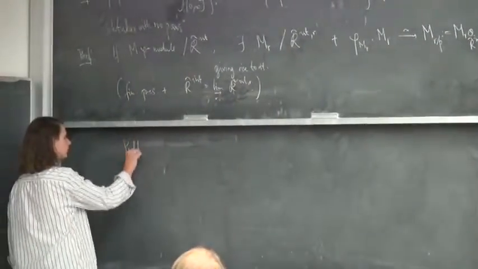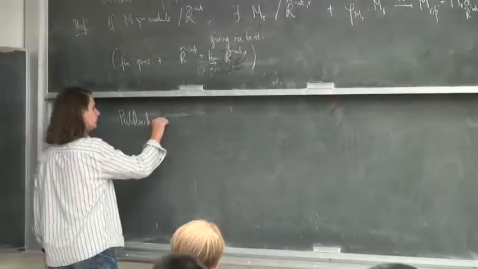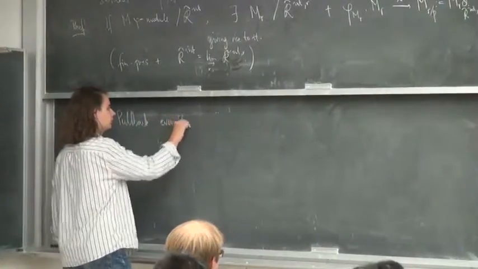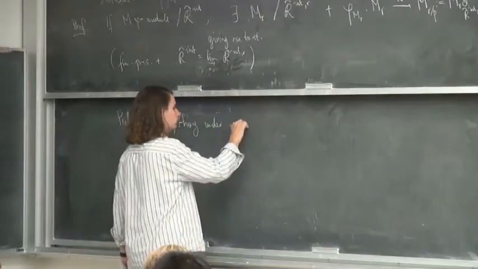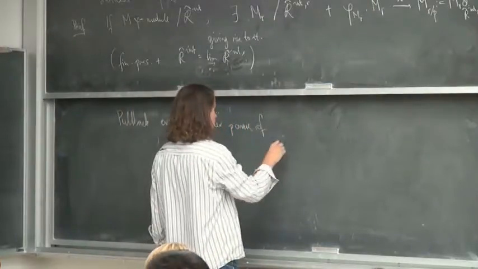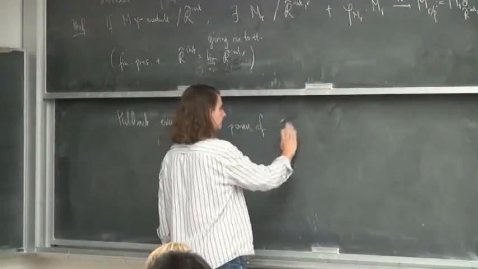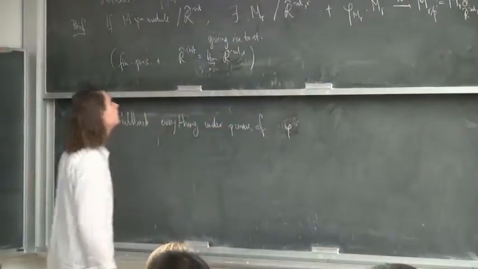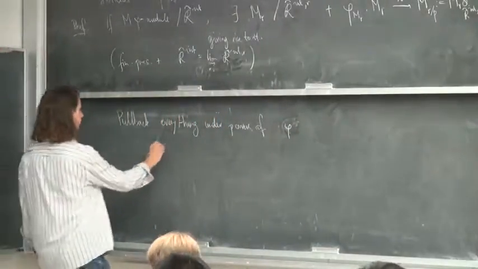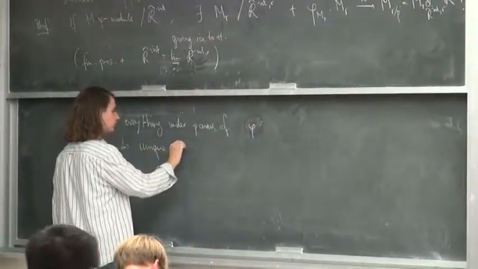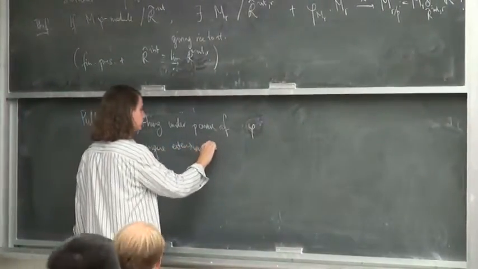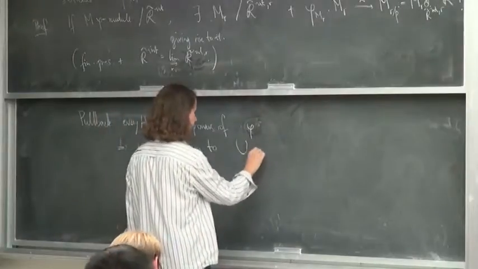Pull back. And this way you get a unique extension to the union over all phi to the n.